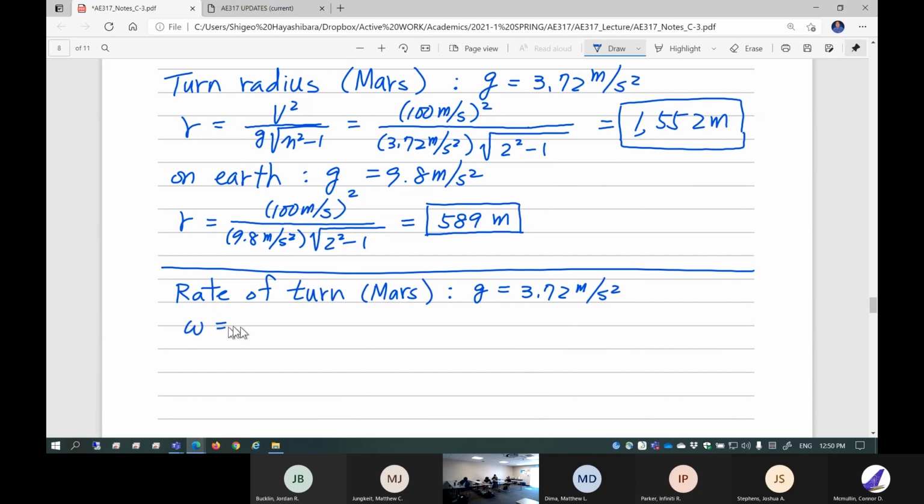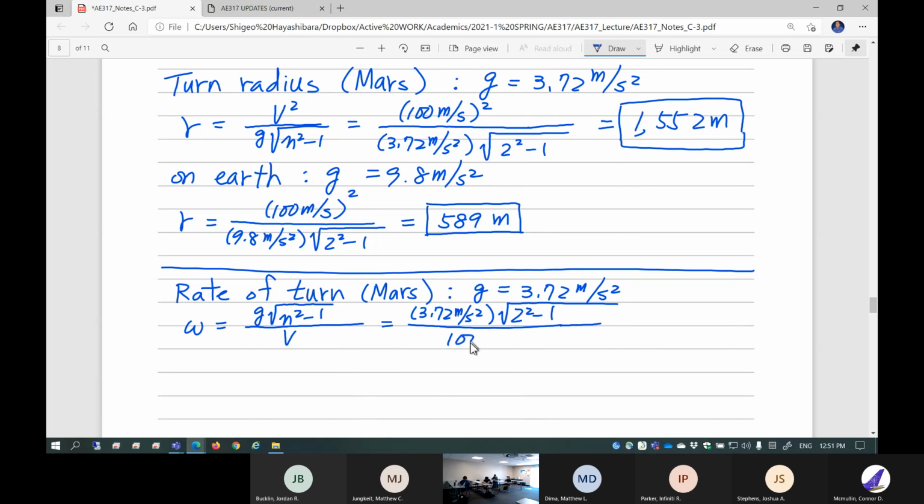Rate of turn omega is given by the equation g times square root n squared minus 1 over V. In this case it is V. So 3.72 meters per second squared, square root 2 squared minus 1.